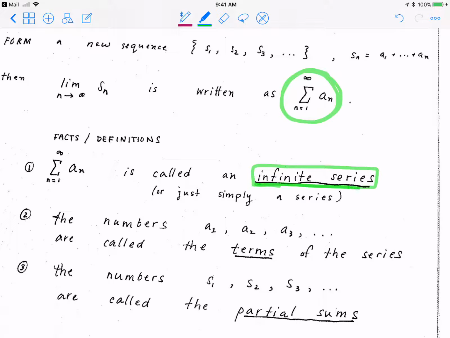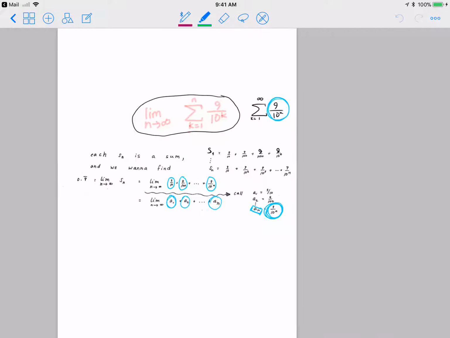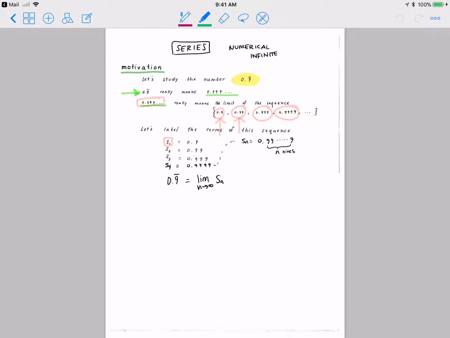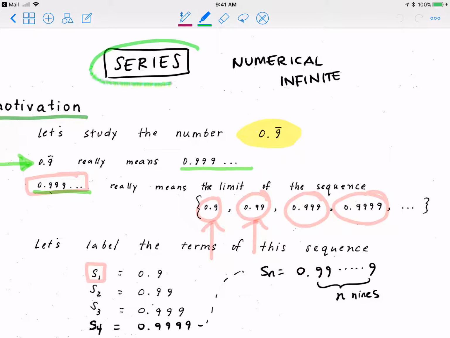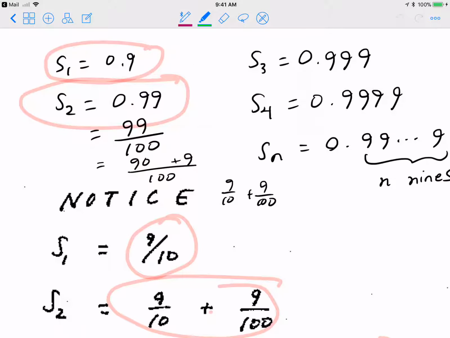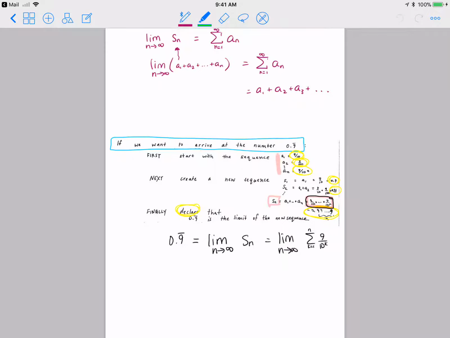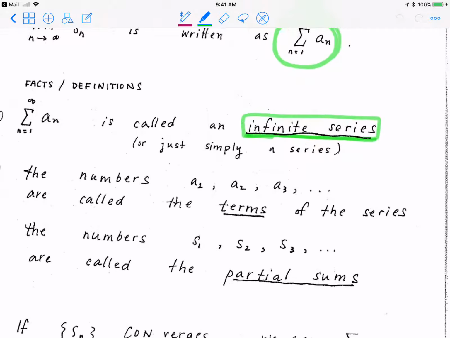So when we say we're studying series, like I said in the beginning, this is our introduction to series. And we're studying numerical series, which means series of numbers, so everything is a number, and infinite series because our terms are going on forever. We're looking at that limit as n approaches infinity. So that's what we mean by a series.